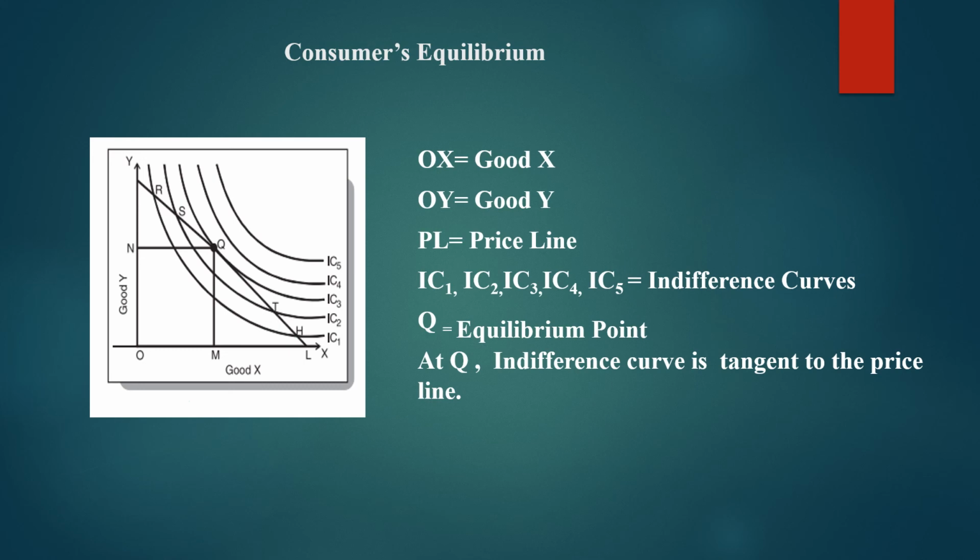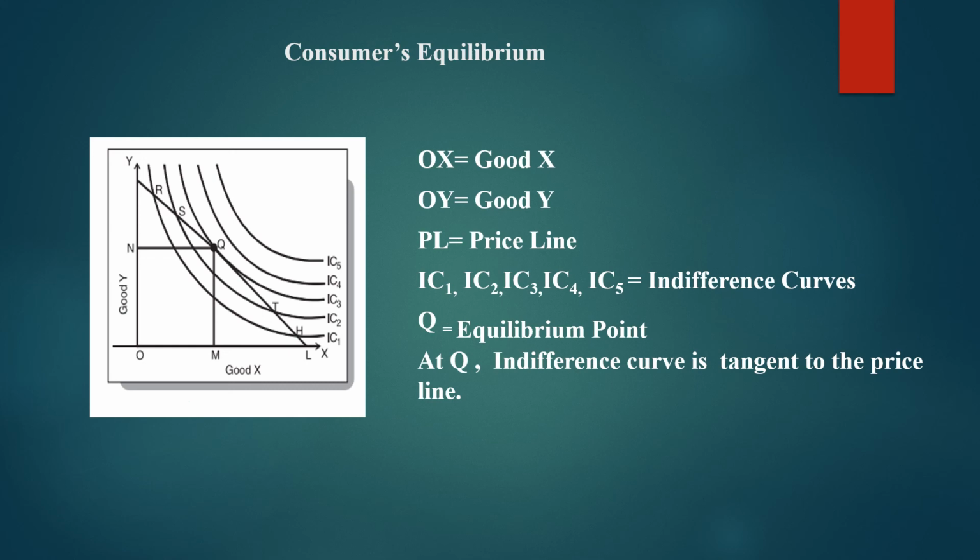You see points R and H on IC1, and points S and T on IC2, and IC3 has a point Q. This Q will give more satisfaction than R, S, T and H.